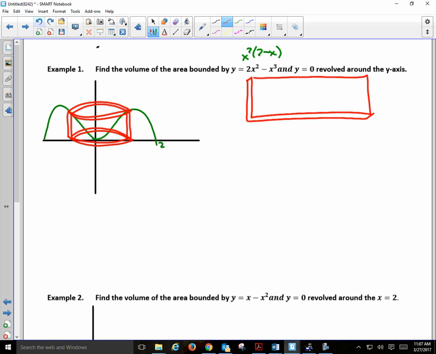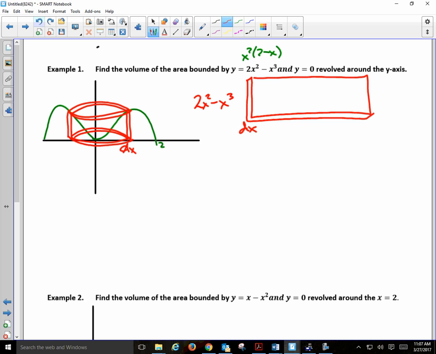Look at the width of my original rectangle. What's the width of my original rectangle? So that's going to be the width of this rectangular shape here, dx. What's the height of the rectangle? Yep, 2x squared minus x cubed.